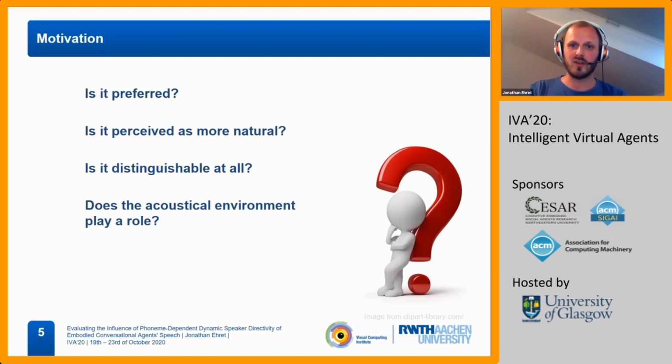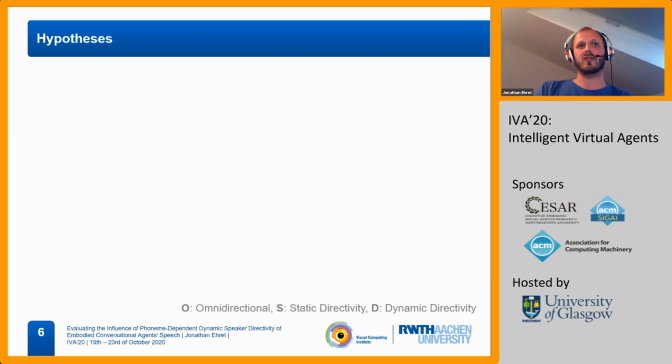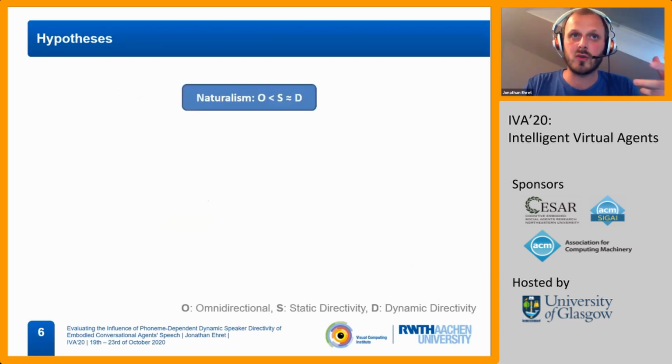So from these motivational questions, we derived the following hypothesis. First, we expect that the naturalism, so how participants rate the naturalism of these oralizations, is the least high for omnidirectional, and for static and dynamic directivity it should be higher, and approximately equal.